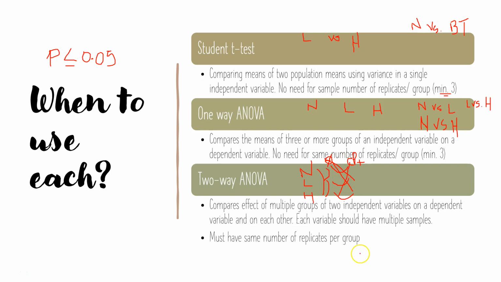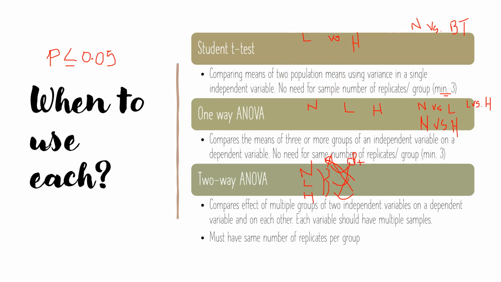Okay. In this case, however, you must have the same number of replicates in all groups. So many times, like I said, we will have different numbers of patients for different conditions, for different groups, or different numbers of replicates for different cell culture conditions. But for one-way ANOVA and student t-test, it doesn't matter. As long as we have a minimum of 3, we are good.